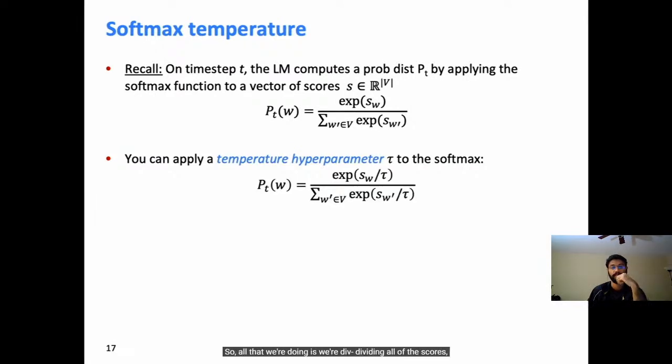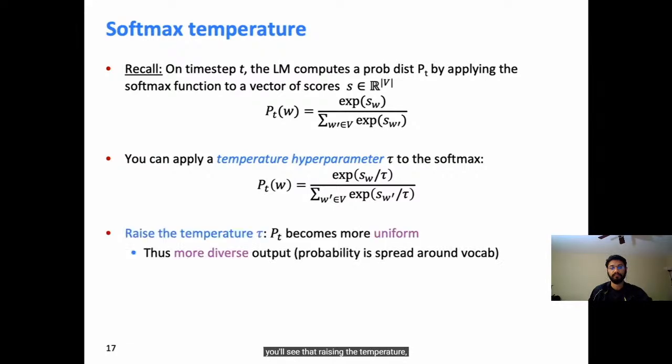So all that we're doing is we're dividing all of the scores, or logits you might call them, by the temperature hyperparameter. So again, if you just think about this a little bit, you'll see that raising the temperature, that is increasing the hyperparameter, is going to make your probability distribution more uniform.